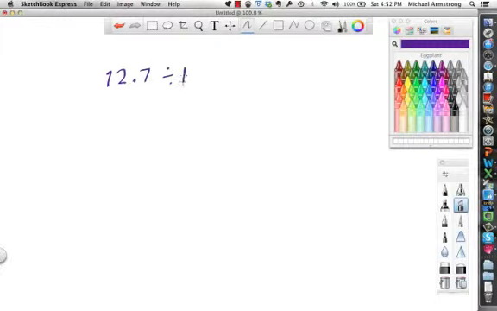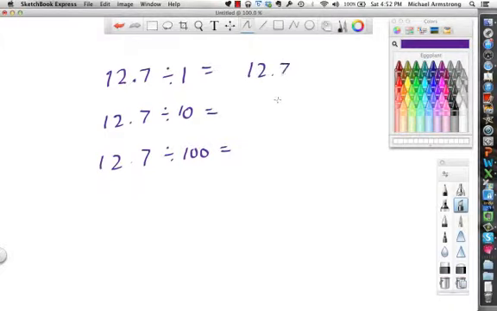12.7 divided by 1 equals what? 12.7 divided by 10 equals what? 12.7 divided by 100 equals what? Well, when we divide by 1, we know it's just 12.7. When you divide by 10, that's 1 power of 10, so the decimal moves over 1 place. When you divide by 100, it moves over 1 more place.